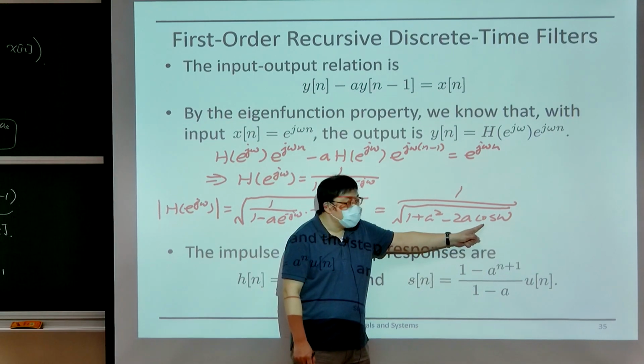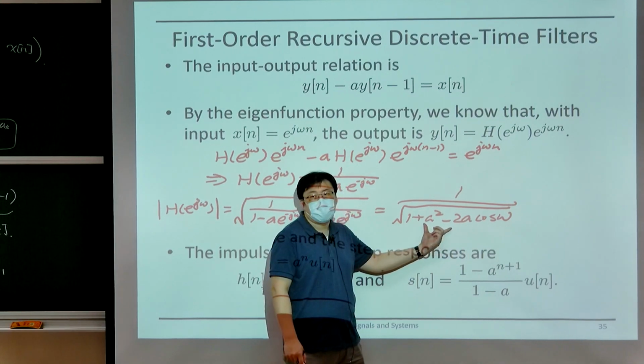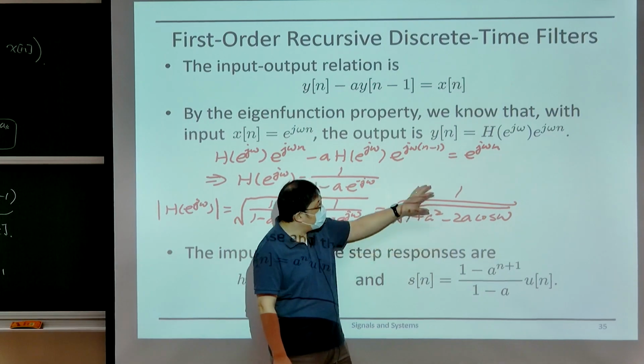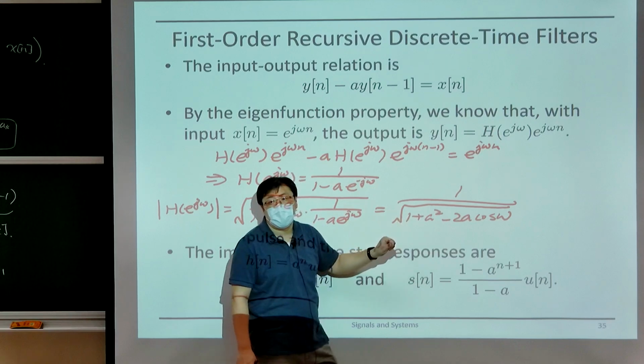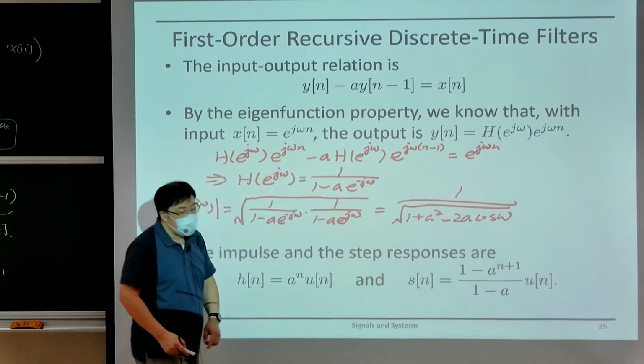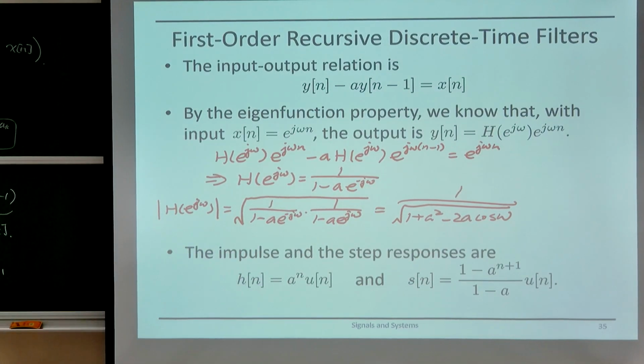Cosine smaller means that the denominator becomes larger, and therefore 1 over the denominator becomes smaller, okay? So for a greater than 0, the gain attenuates as ω increases.